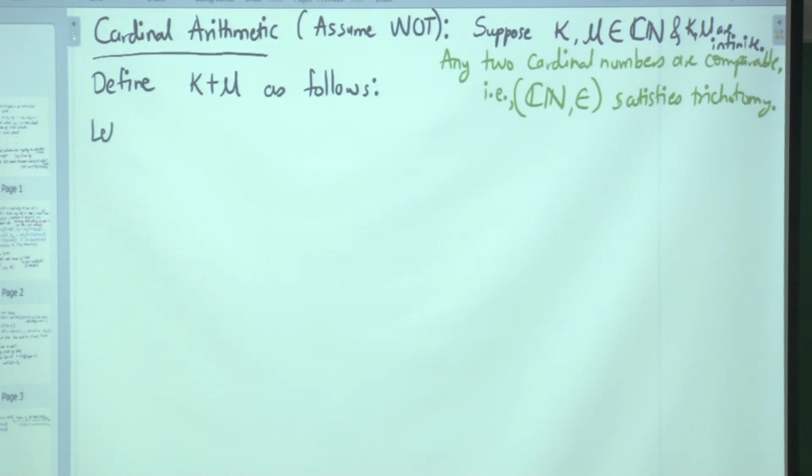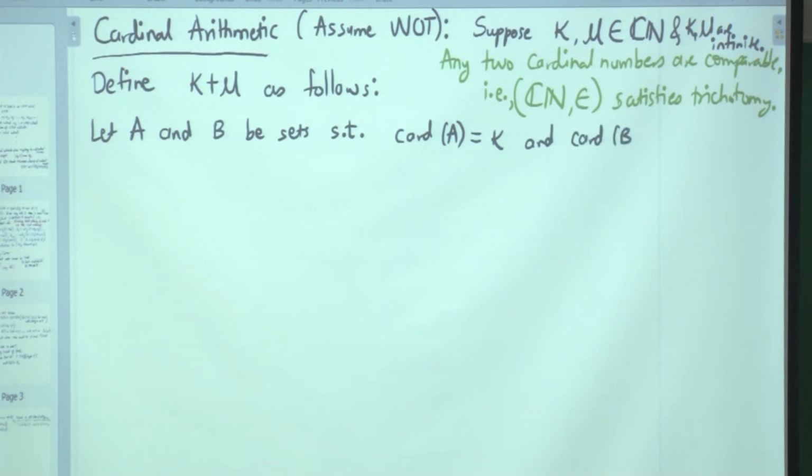Let A and B be sets such that the cardinality of A is equal to kappa and the cardinality of B is equal to mu.